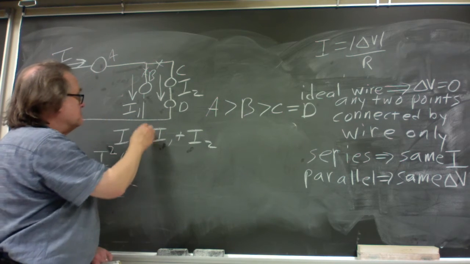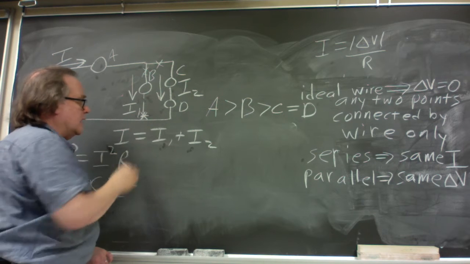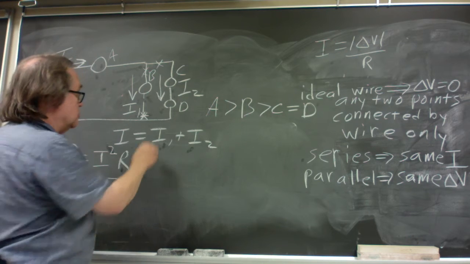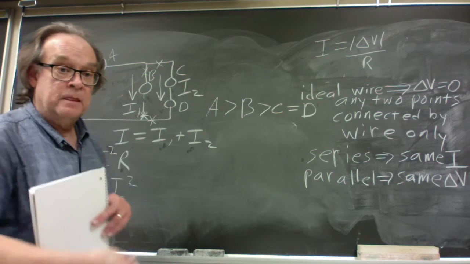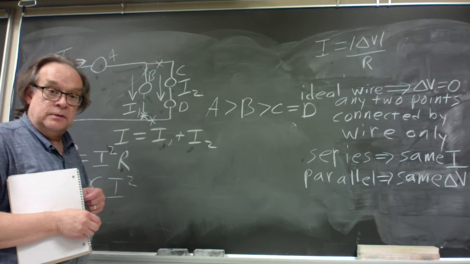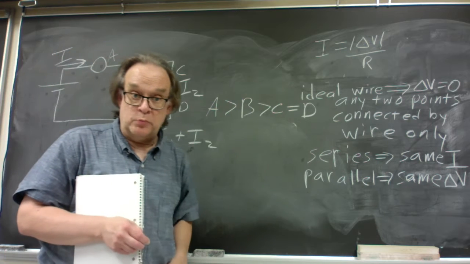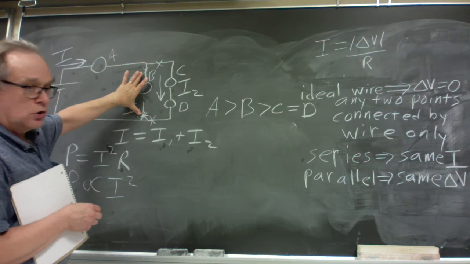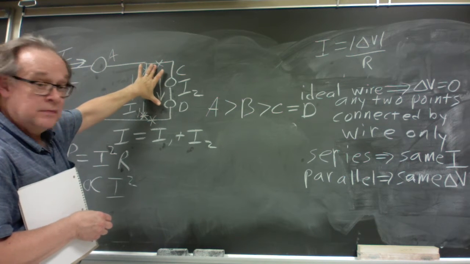And then again, this point here where you end the current 1 path is at the same potential as this point here where you end the current 2 path, because they are connected by nothing but wire. We're just using the ideal wire approximation again. So the potential difference between here and here is just the same as the potential difference between here and here.